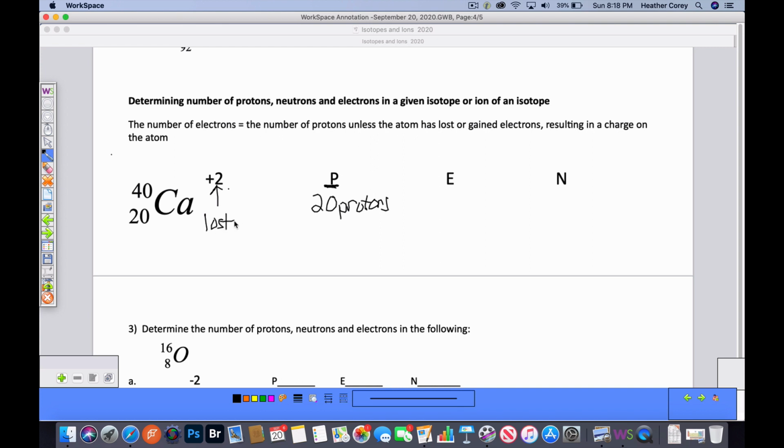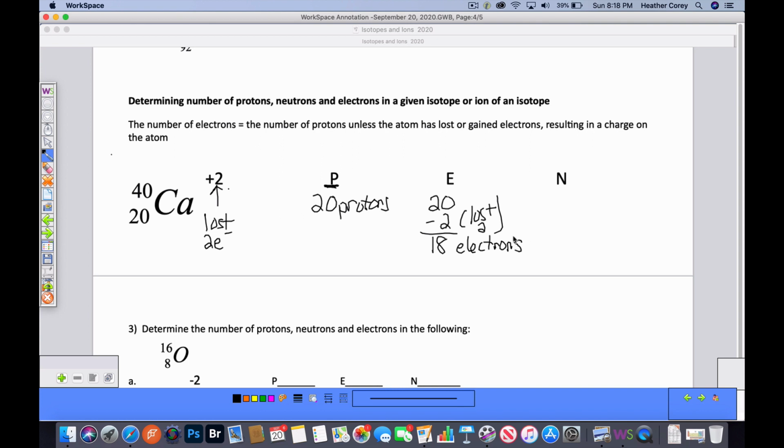It lost negatives. Electrons are negative. So it lost 2 electrons. So where it would normally have 20 electrons, it lost 2. That's why it's a positive 2. And therefore it has 18 electrons.